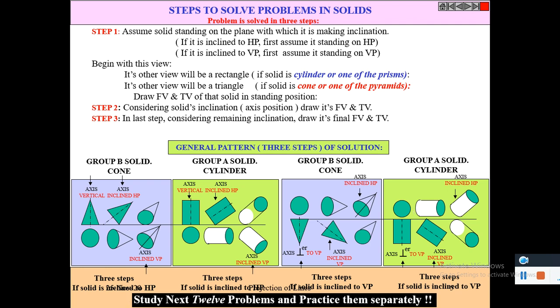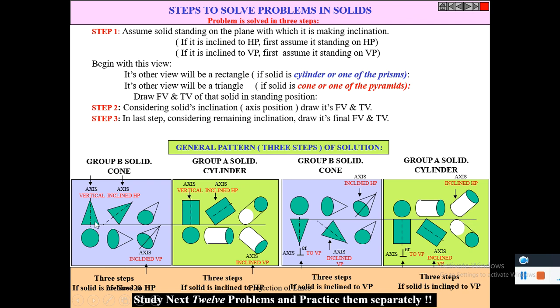These are the steps to be remembered. Assume the solid standing on the plane with which it is making inclination. For example, in the first figure, it is said that this cone is inclined at an angle with HP.